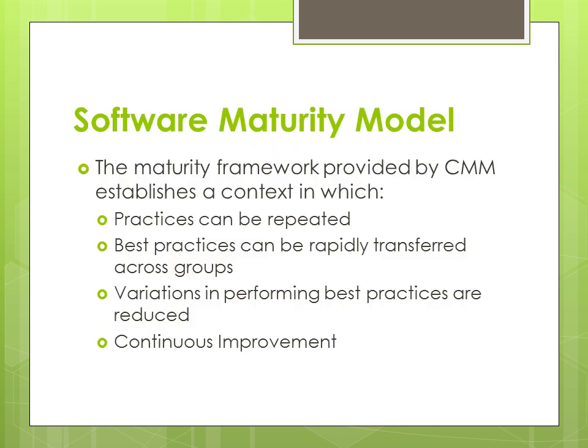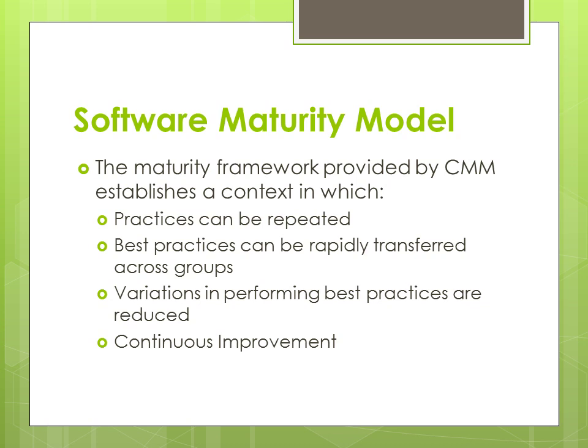The Capability Maturity Model describes the principles and practices underlying software process maturity. It is intended to help software organizations improve the maturity of their software processes in terms of an evolutionary path. This path goes from ad hoc, chaotic processes towards mature, disciplined software processes.